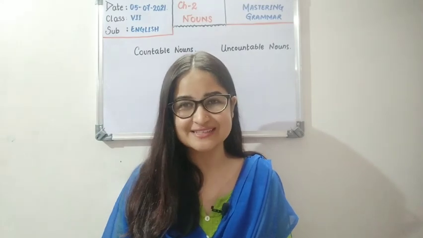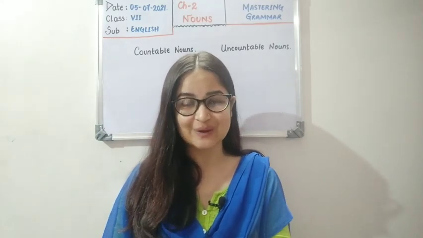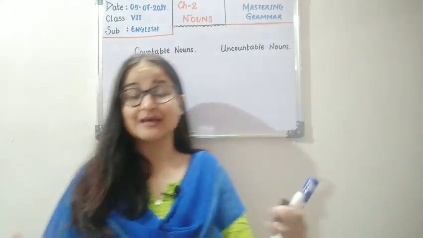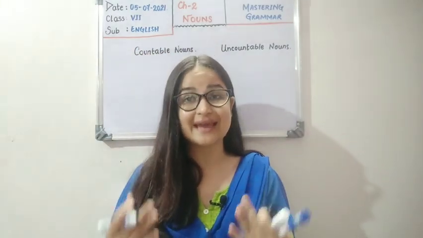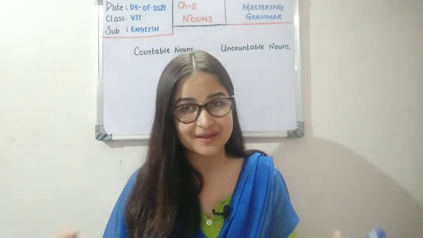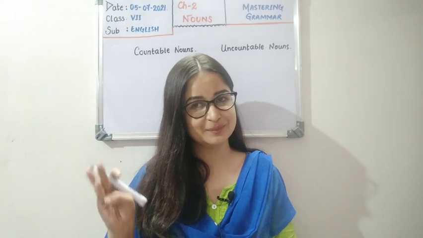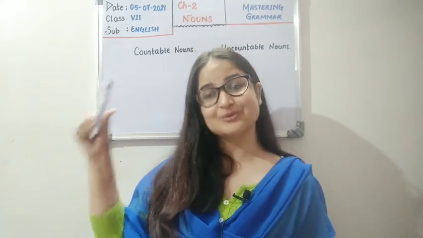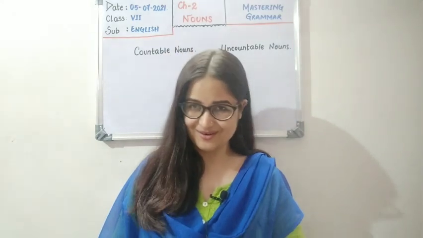Right? You cannot. Some things cannot be counted and they are put under uncountable nouns. They can be measured, they can be weighed, or they can be measured in some other unit, but they cannot be counted like 1, 2, 3, 4, 5. Okay children, but countable nouns can be counted.